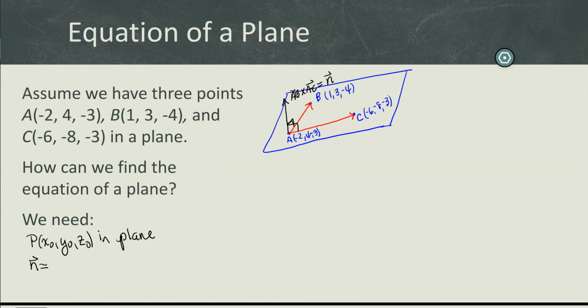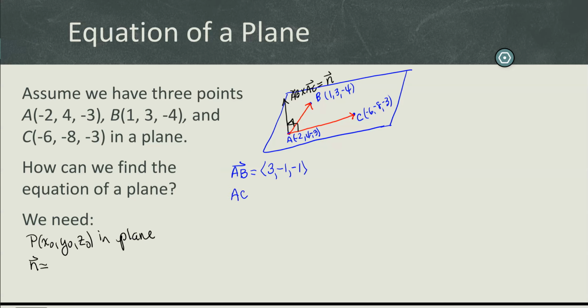So first of all, we need vector AB, and that would be 1 minus negative 2, so that's 3. 3 minus 4, that's negative 1. Negative 4 minus negative 3 is negative 1. So that's our vector AB.